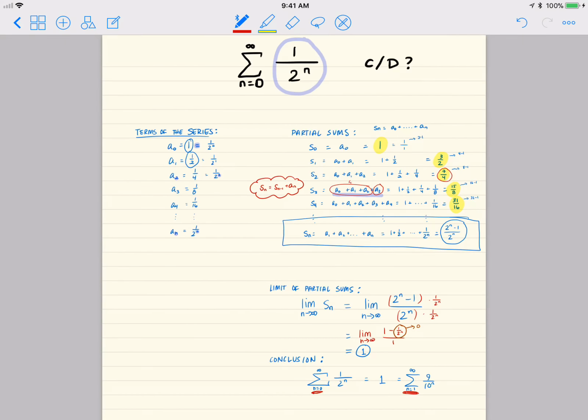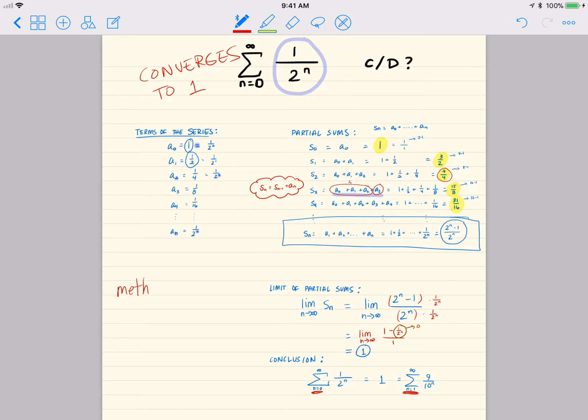Okay, so what we've done in this example again is we've determined whether the series converges or diverges. The series converges, and it converges to 1.